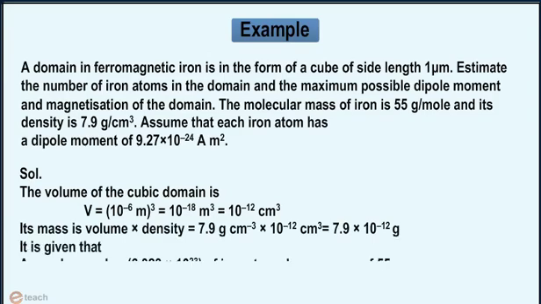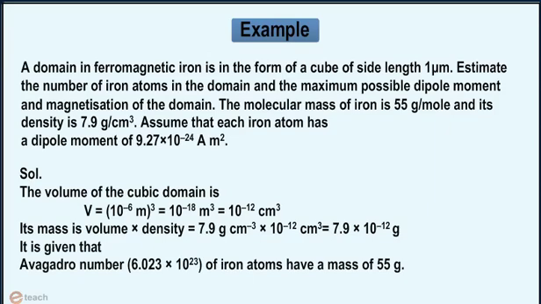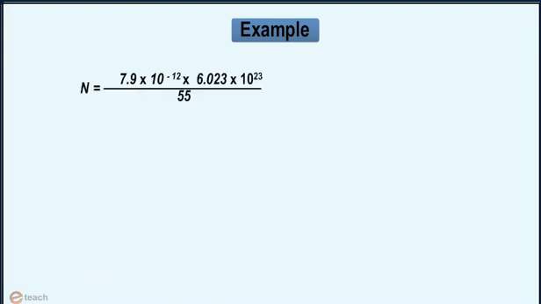It is given that Avogadro number, 6.023 × 10^23 iron atoms, have a mass of 55 gram. Hence, the number of atoms in the domain is N = 7.9 × 10^-12 × 6.023 × 10^23 / 55, which is equal to 8.65 × 10^10 atoms.